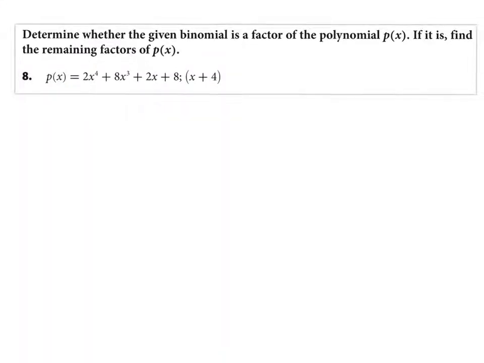All right, so this example wants us to determine whether the binomial is a factor. That means, is this right here a factor? And if it is, continue factoring and completely factor this polynomial. So I want to know if this is a factor. Well, if it were, the root would be -4, 0.